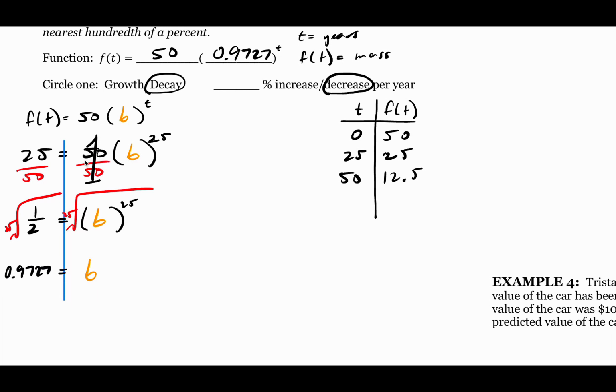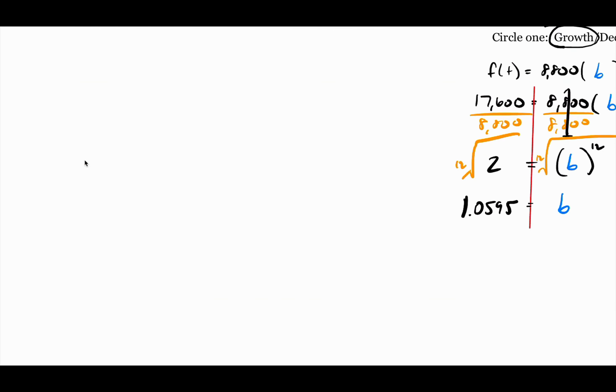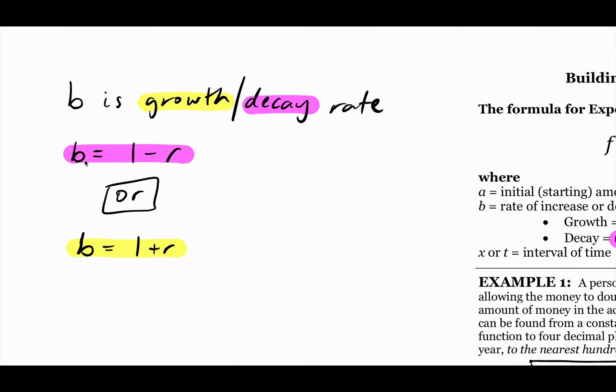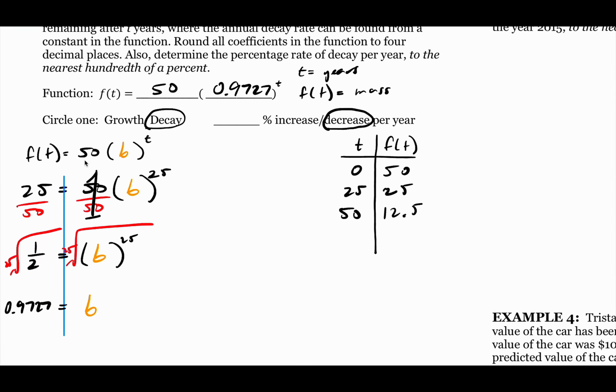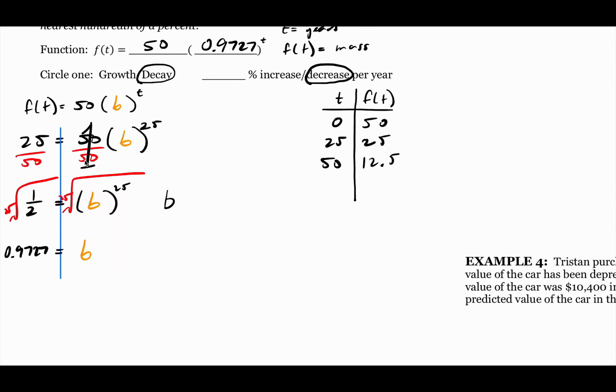Okay, so now our last thing is to find the percent. Again, this is decay. We said decay is the same thing as 1 minus r. So I'm just going to rewrite this equation with our b, because b equals 1 minus r. We know b is 0.9727, and that equals 1 minus r.